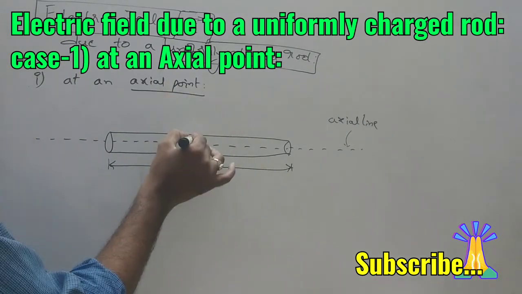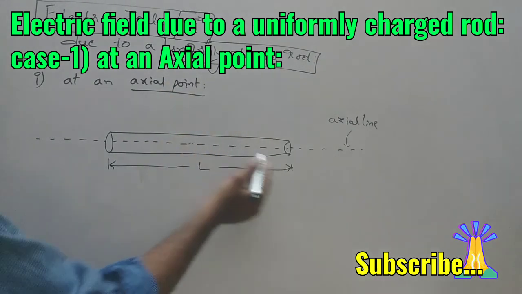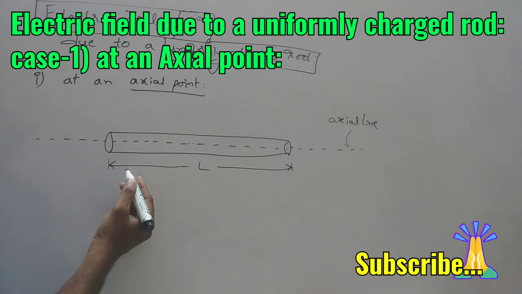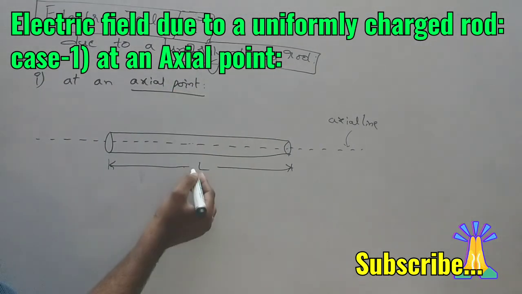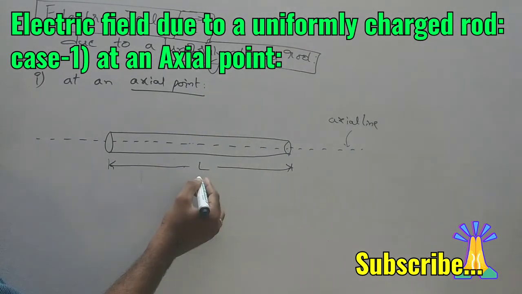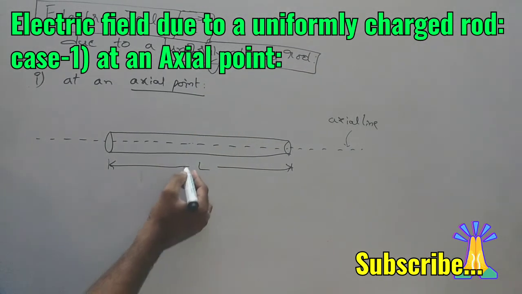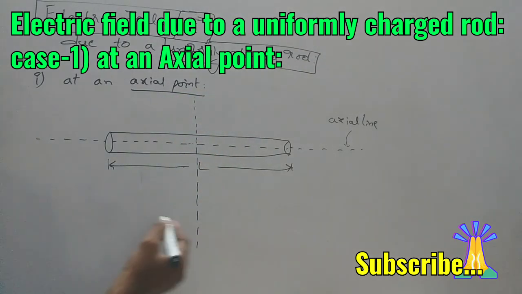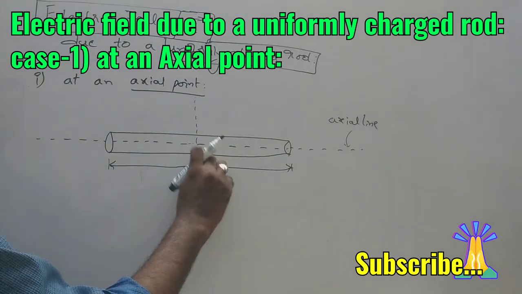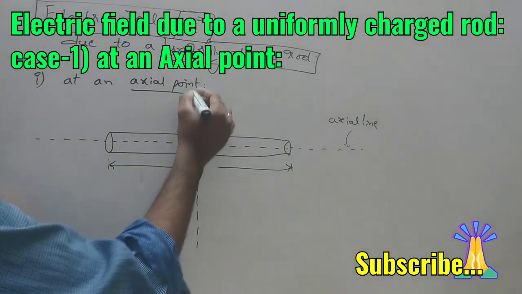And exactly perpendicular to this length, if I draw a perpendicular line passing exactly through the midpoint of the length of the rod, that line is called the equatorial line.